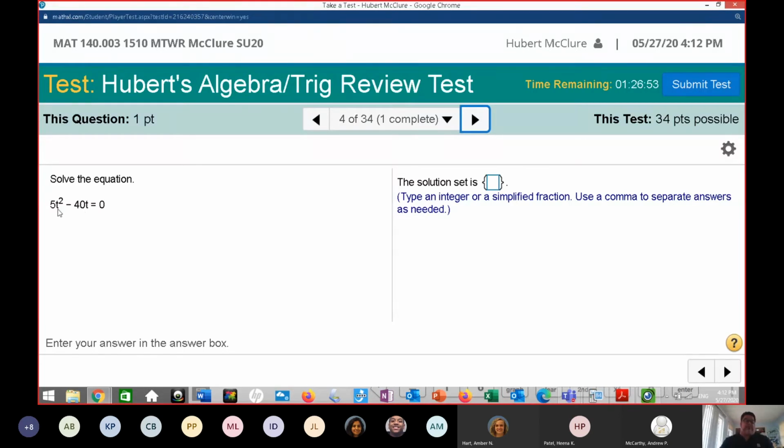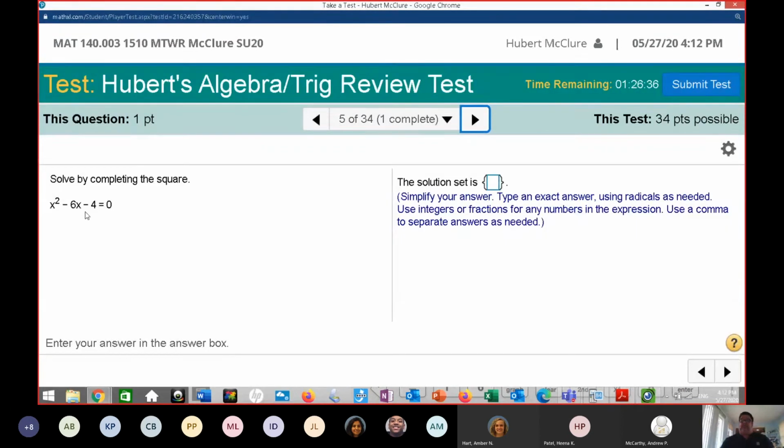Factor out 5t, you get 0 and t minus 8 and 8, something like that. So that's just solving the equation. Nothing crazy. Completing the square. Now what does it say? Type exact. So what should you use? Radicals. Make sure you write your answer as a radical.